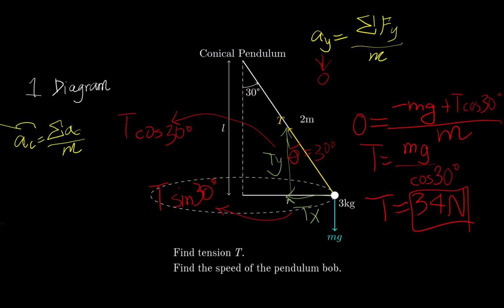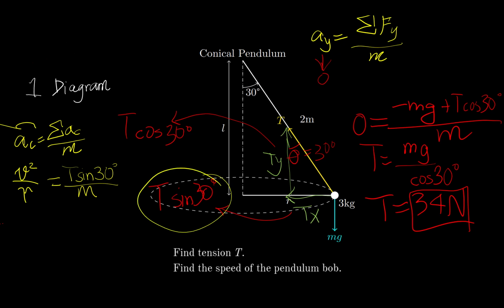So now we have the velocity squared over the radius, which equals T sin 30 over m, because Tx is T sin 30, and the centripetal acceleration is due to Tx.